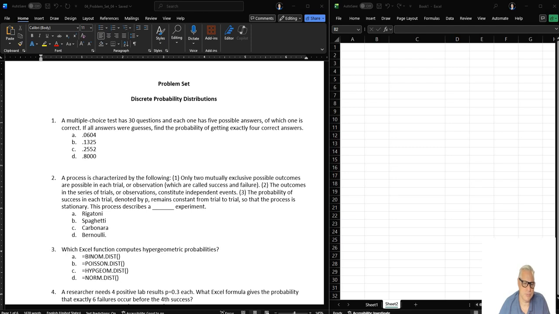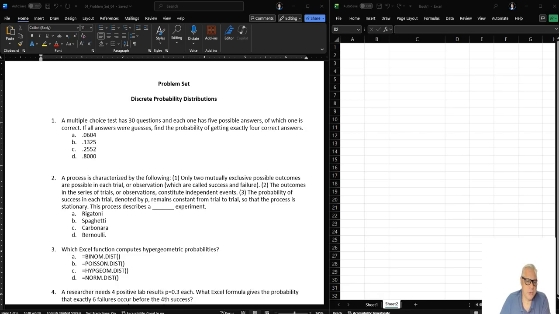Okay, so first thing we need to know is: is this a binomial, or a Poisson, hypergeometric or negative binomial? And of course it's a binomial, because it's a Bernoulli experiment. There are only 2 outcomes, either you get it right or not, and the success probability is 0.2.